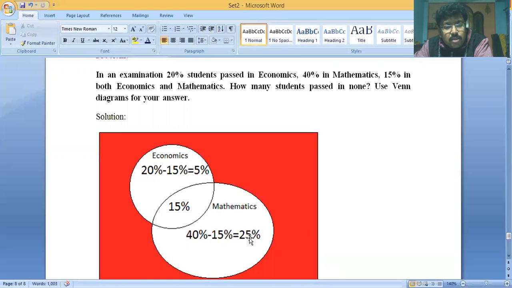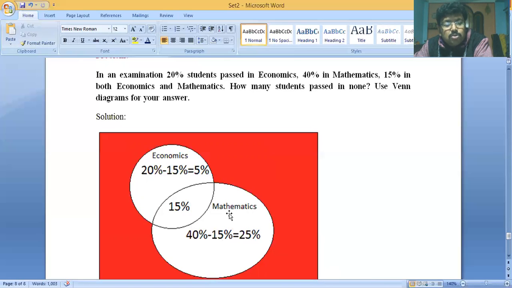The whole mathematics portion is 40%, and the intersection, both economics and mathematics, is considered here. Subtracting the 15% from the 40%, we get 25%. So only 25% of students passed only mathematics.